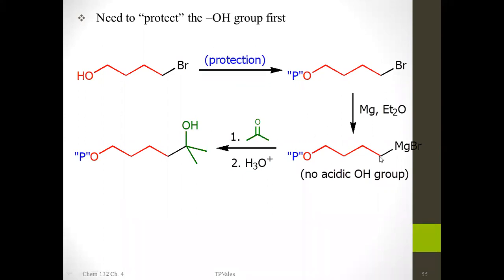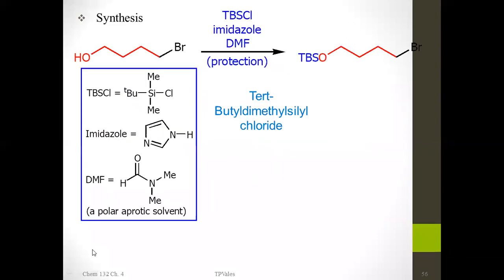This will be your source of CH2, and it will attack this, and you get your O minus. Acidify that further. For the first step, you get your OMgBr and this group here, and acidify that one, you get your OH, and you have this one here. And then the protected group has a reaction where you form this with hydrogen. That's how you process.